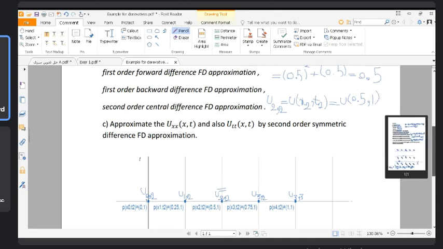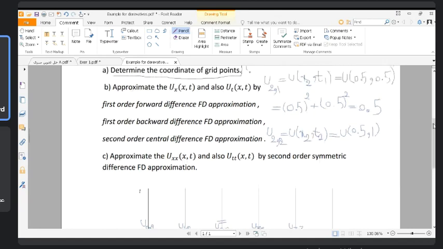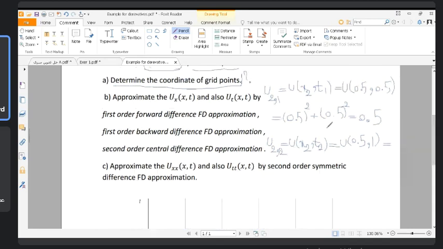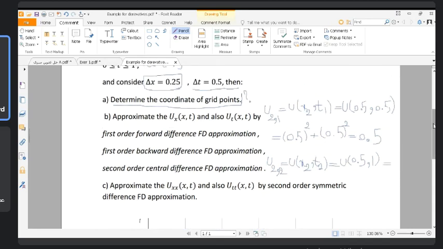U of 0.5 and 1 equal to x2 squared plus t2 squared. Okay, we have x equal to 0.5 and t is 1, and we have 0.5 power 2 plus 1 power 2 is 1, and we have 1.25.